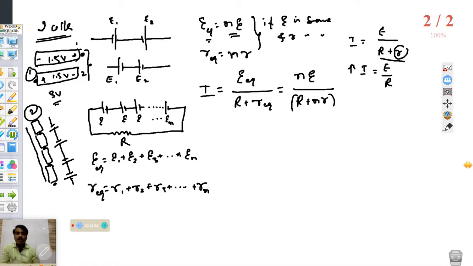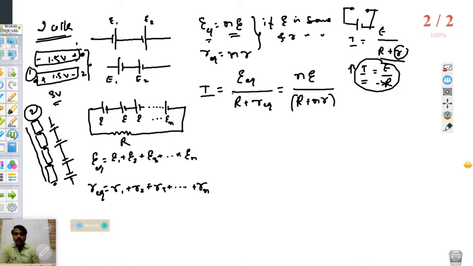And even sometimes if the R value itself is 0, which means for any cell which has been connected here, it is an open circuit. Okay, the R value we can consider infinity as 0. In that case, the entire concept will change here. I equals E by R, and the current will change with respect to the R value also.